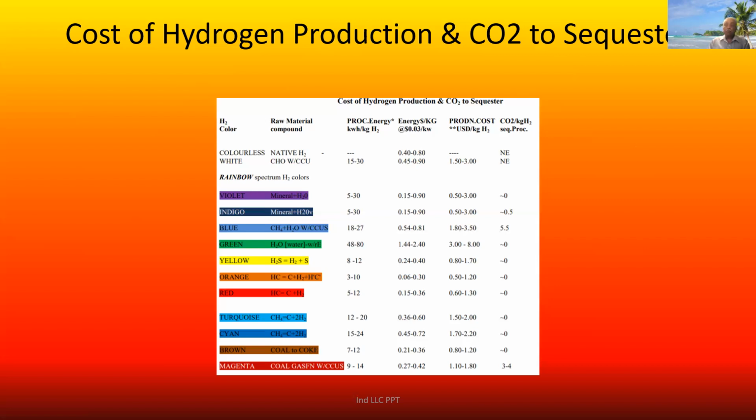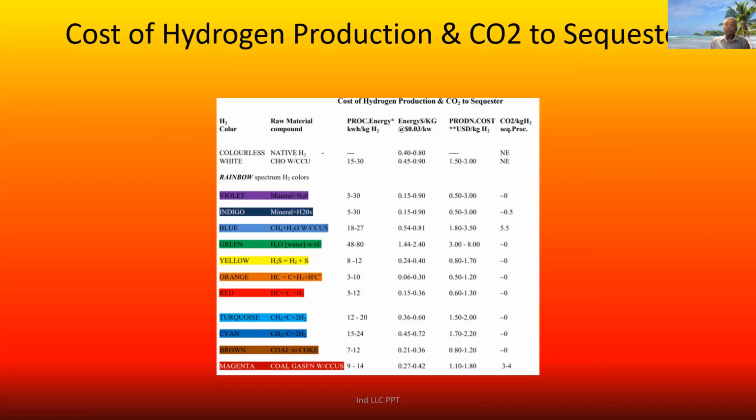Okay. Now come the two major production methods which you hear in the news media every day: the blue hydrogen and the green hydrogen. Natural gas steam reforming is a method that has been used for 100 years in the petroleum industry.